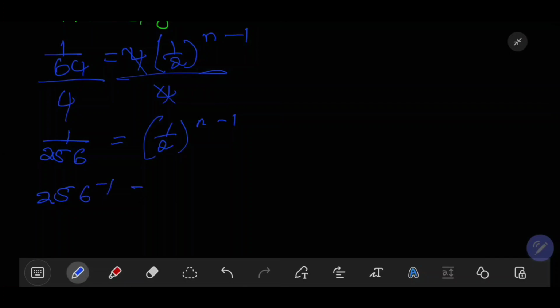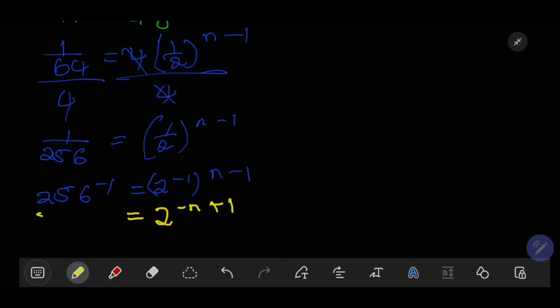Even this side we can change this fraction to be 2 to the power minus 1, and then n minus 1. Remember the rule that when you have an expression like this, we multiply the exponents. So we're going to have 2 to the power minus n plus 1.